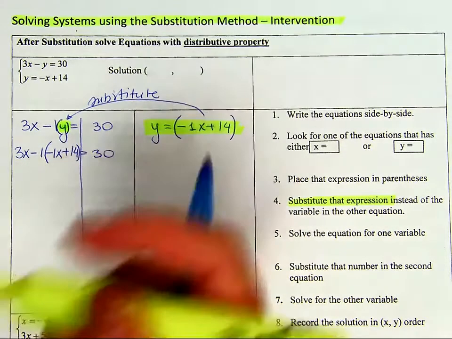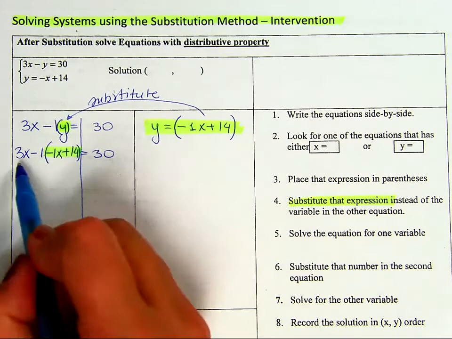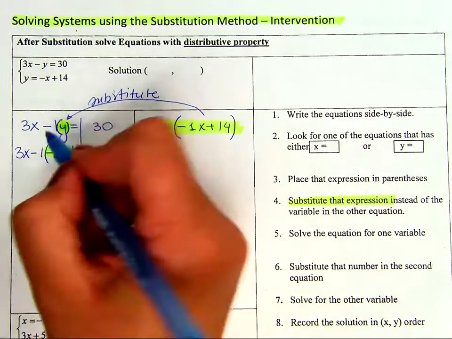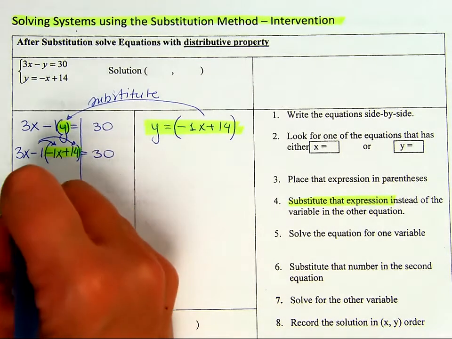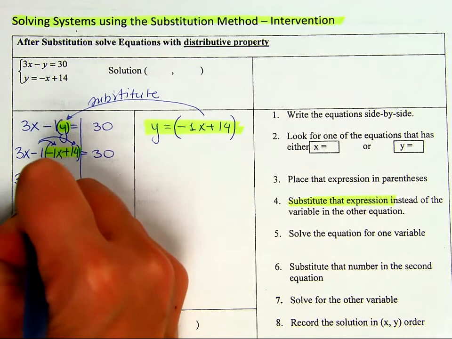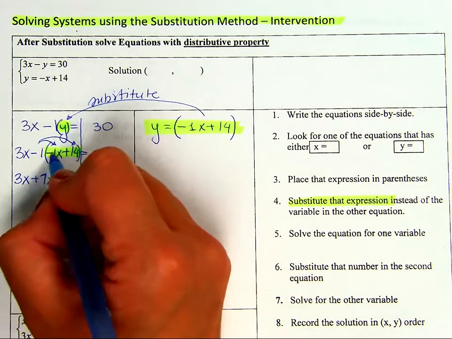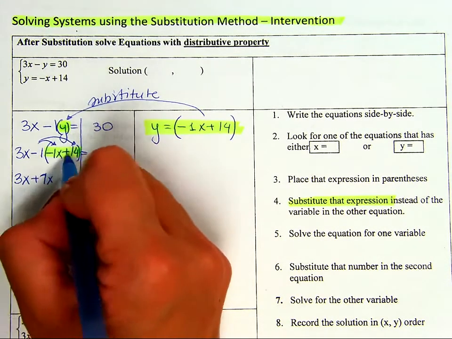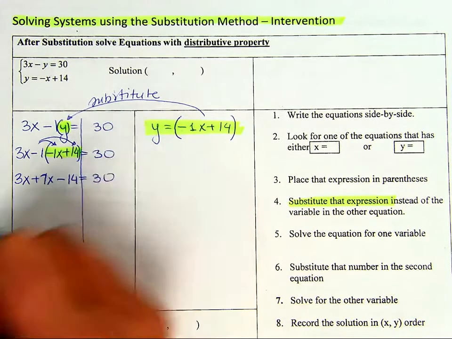By making that replacement, you can see now that there is only the x variable involved in the equation. So we can solve using the distributive property. One times x is positive 1x, negative times positive 14 is negative 14, equals 30.